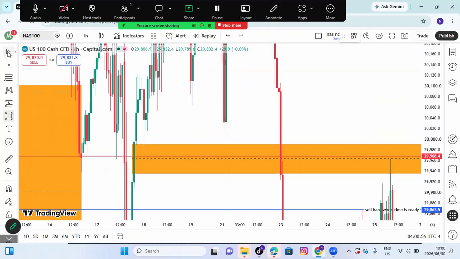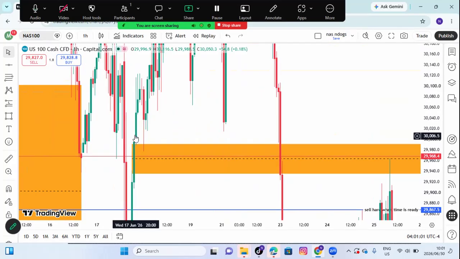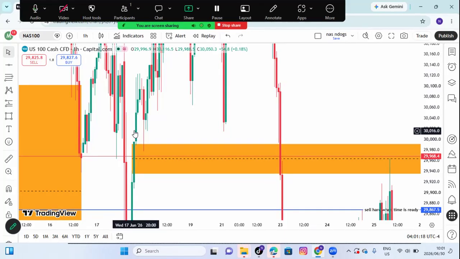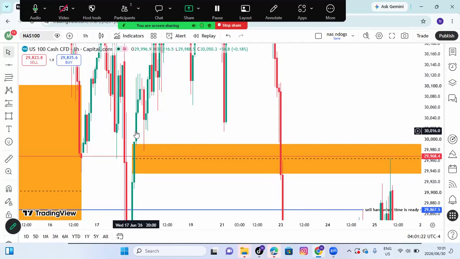Okay, let me just see. Looking at the close here. No, here. I want to see this candle's close. Let's see the open here. The open is 0.9. It's okay.